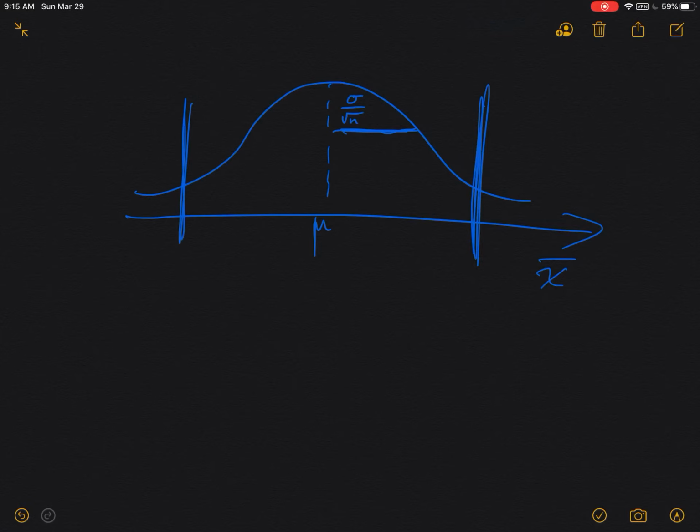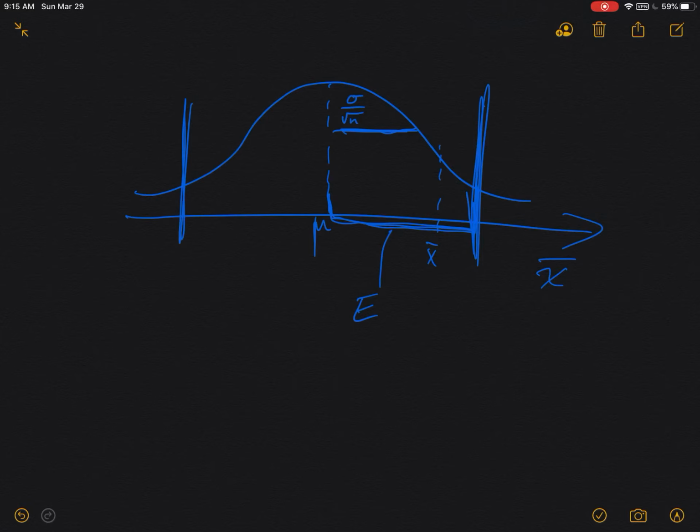But notice that 90% of the time, my team is going to come back with an x bar value that is pretty close to the mean mu. In particular, it's going to be within this distance, the distance from the middle to this vertical bar over here. So maybe let me call that distance E for error. So that will be the margin of error in this study.